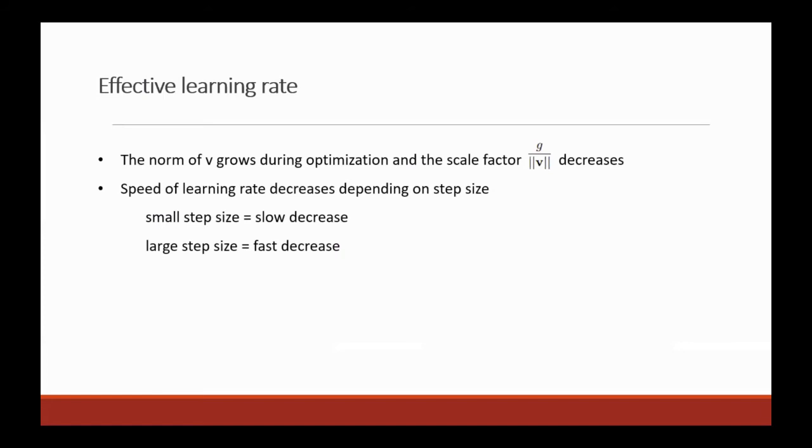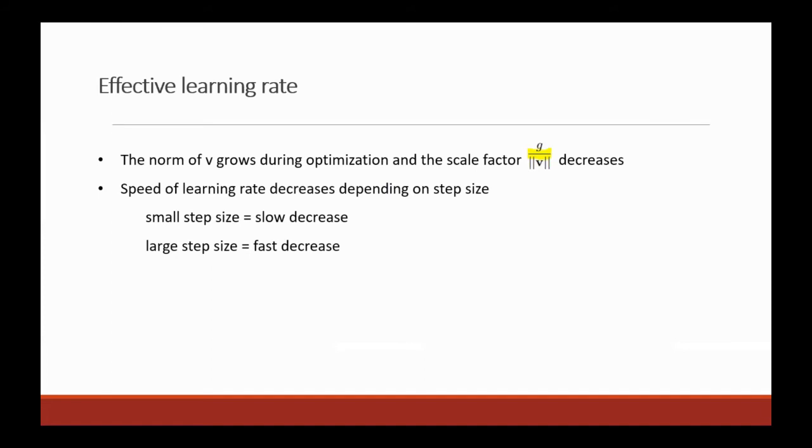But one of the interesting parts of this model is the vector V, actually. It can fix itself during optimization. Assume the scale factor, which I already mentioned, this one, we call it the scale factor. It means that meanwhile during optimization, the length of V grows and the denominator of this deduction grows, and the effective learning rate decreases.